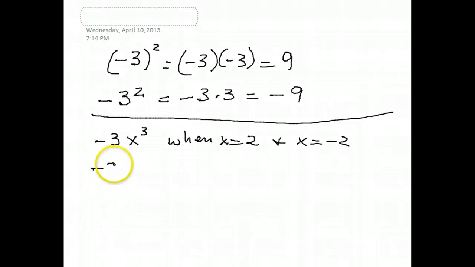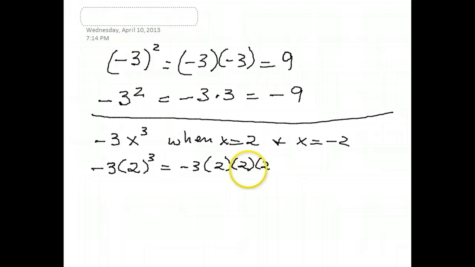So I get minus 3 times 2 to the third power. So the exponent 3 only applies to the 2. So this is equal to negative 3 times 2 times 2 times 2. 2 times 2 times 2 is 8. 3 times 8 is 24, but I have a negative sign in front of it. So this is going to be negative 24.